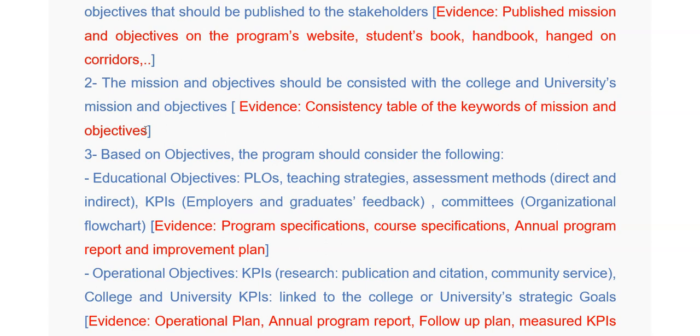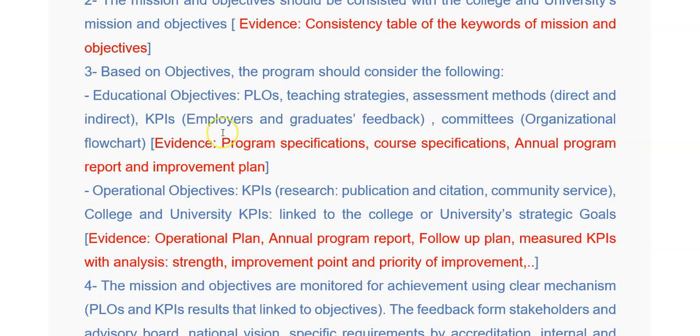Also, the university in its mission, or the college, is also talking about good education. The university is trying to concentrate, for example, on sustainability. I have something about sustainability in my mission. So when you are writing your mission for the first time, you have to be sure that it is consistent with the university's mission.